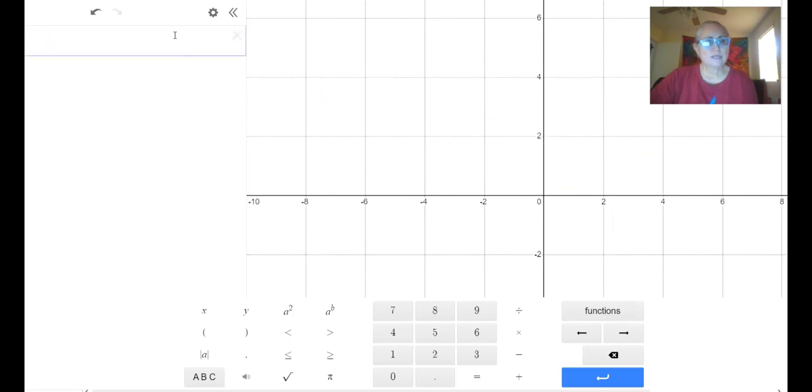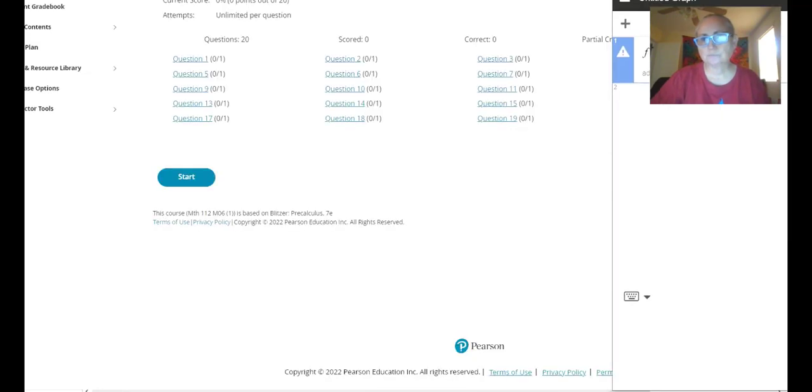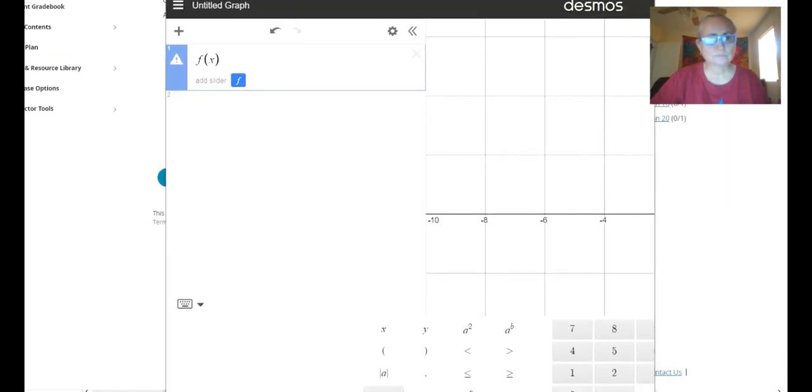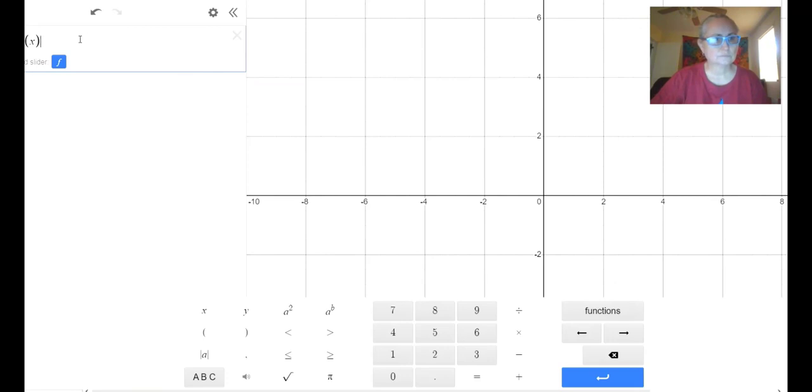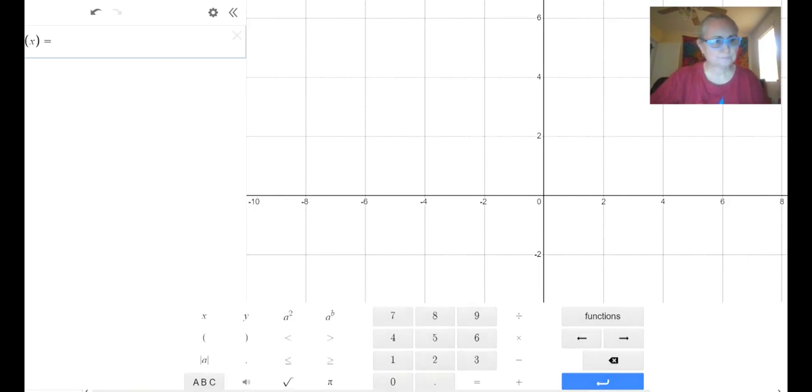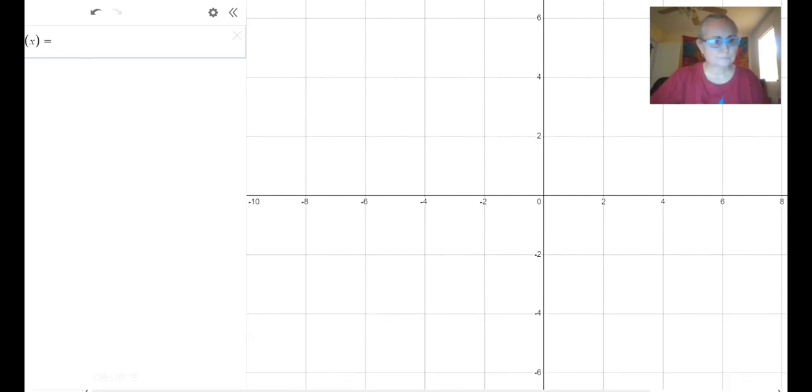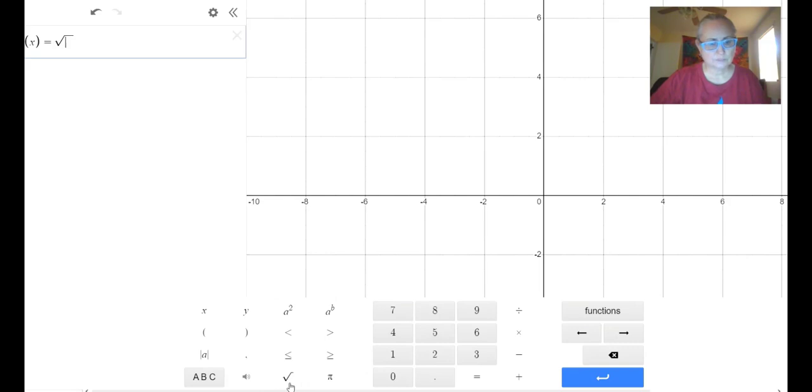Okay. I'm going to start with f of x. Let me move this where you can see it. F of x equals the square root of x.